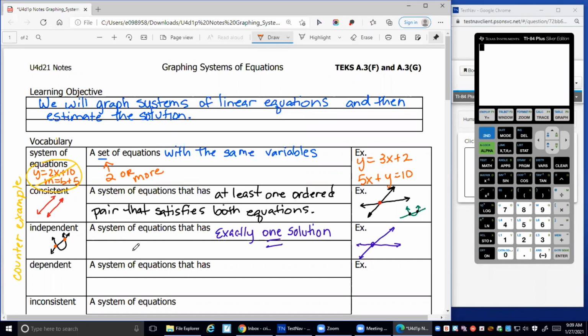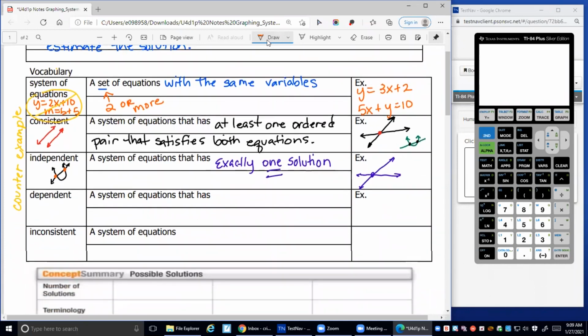All right, last one, dependent. Let's go into this. We have a system of equations that has an infinite, many, more than we can count, infinite number of solutions.